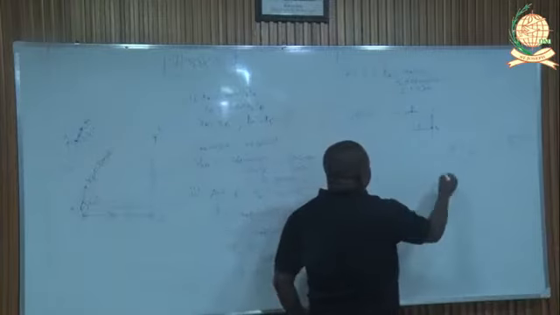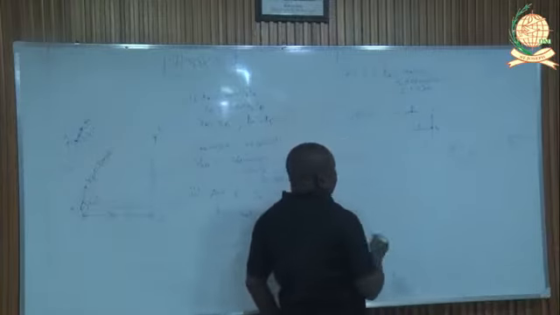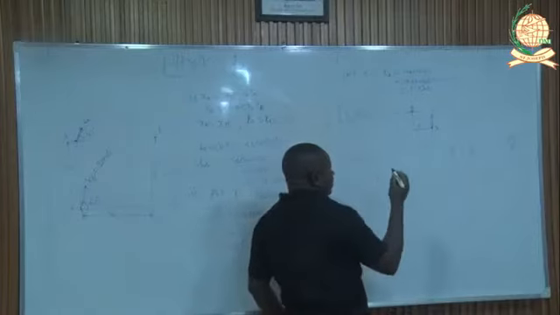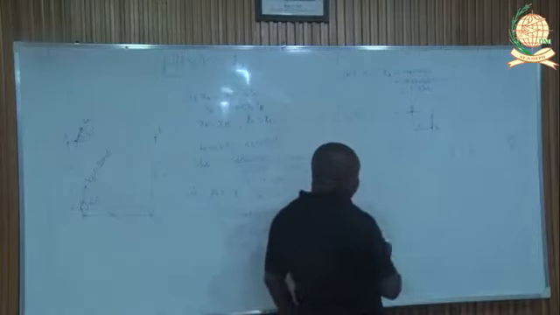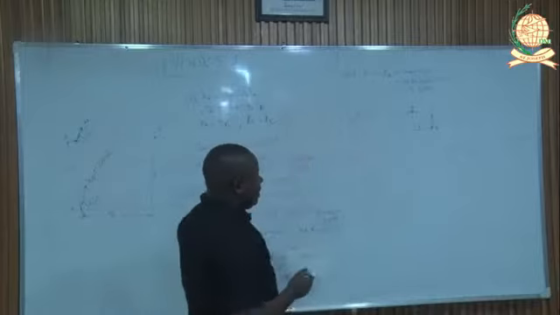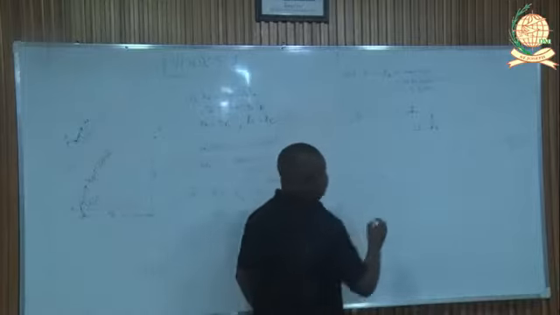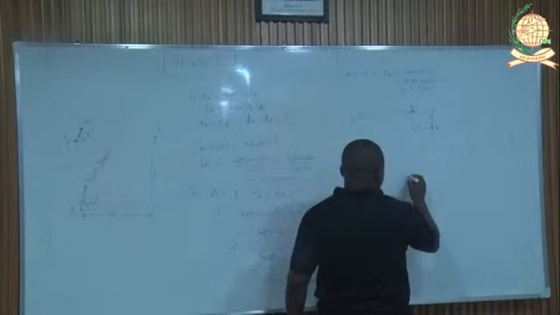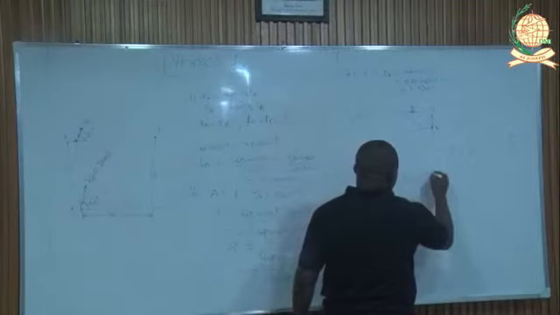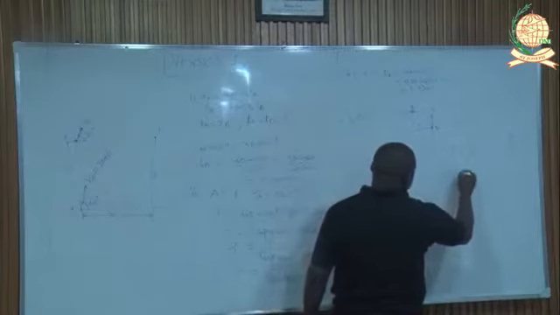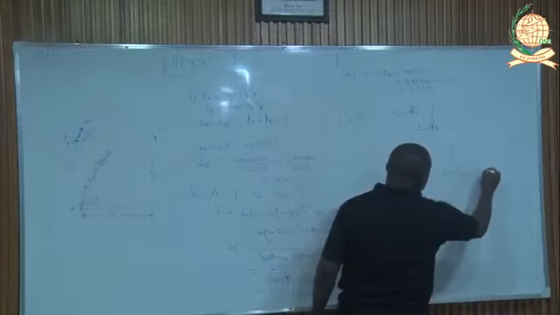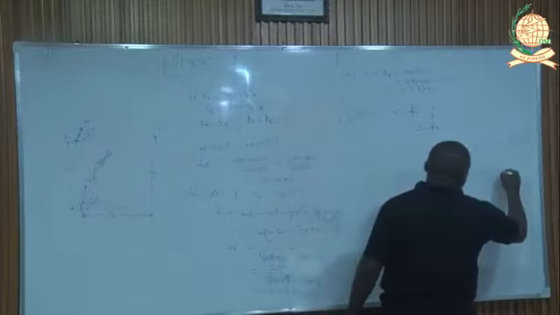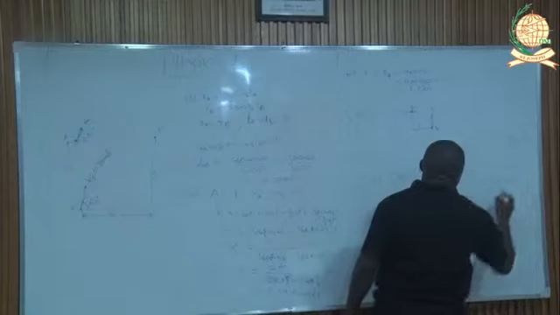So we have a banked road. We are looking for the angle of banking, but we are only given the speed, which is 72 km/h, equivalent to 20 meters per second.